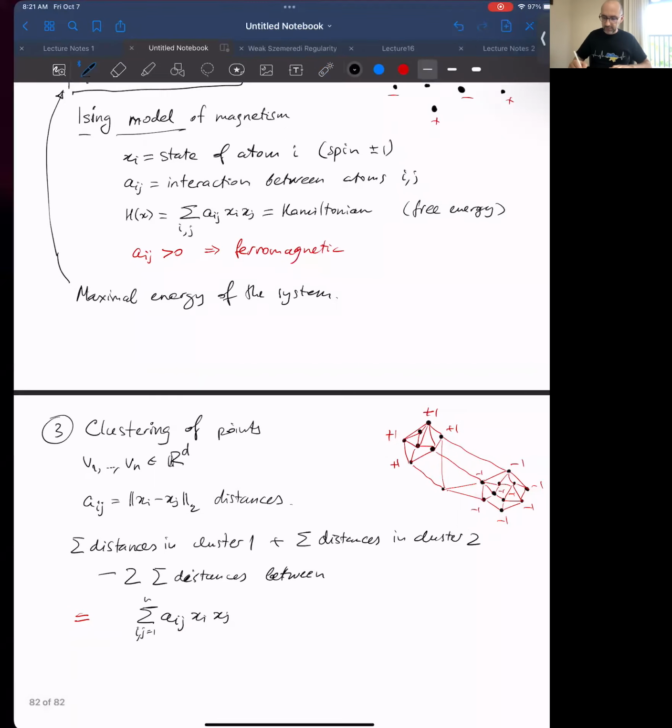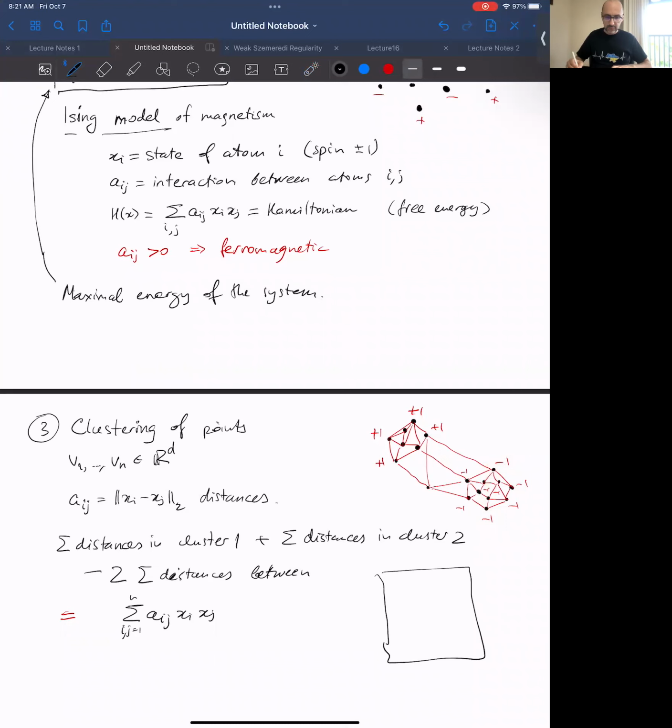Maybe the matrix will help here. So this is a matrix of distances, these are the a_ij's, and this is x_i and x_j here. Some of the signs are +1, and some of them are -1. So we'll break it into a structure like this.